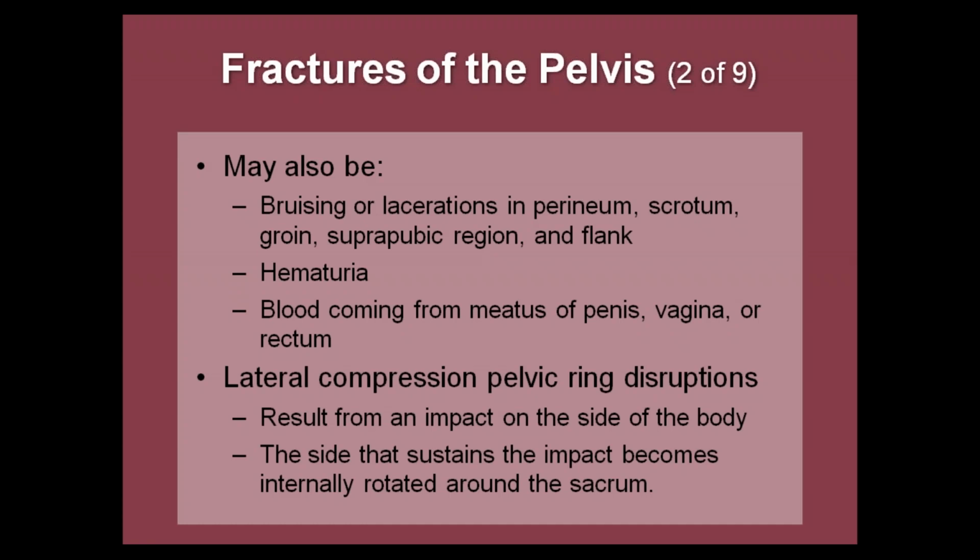The patient could have profound shock, gross pelvic instability, diffuse pelvic and lower abdominal pain. They may also have bruising or lacerations, like I said, in the nether regions, when they have some of those pelvic fractures.